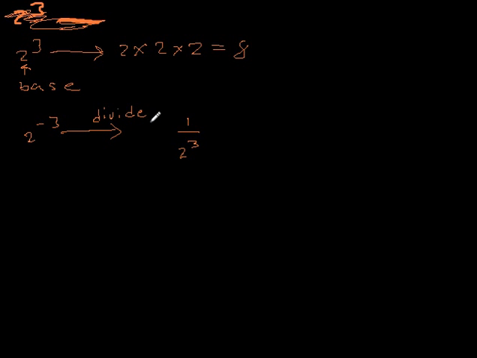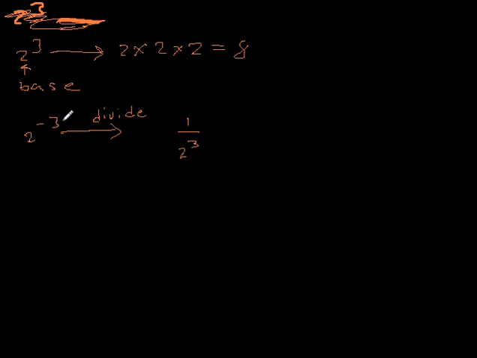There's this famous property, and the property says a power with a negative exponent, so negative 3, equals 1 divided by that power with its exponent that is opposite. So it equals the power, but with the opposite exponent.